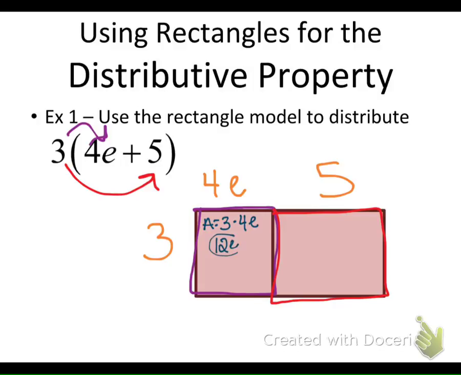Good. For my second rectangle? 3 times 5, because my height is what, Darius? 5. My width is 5. What does that equal? 15.